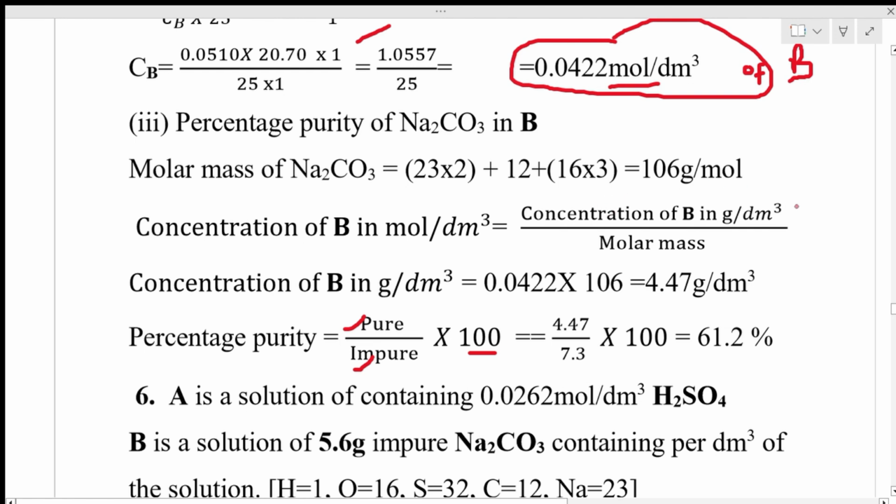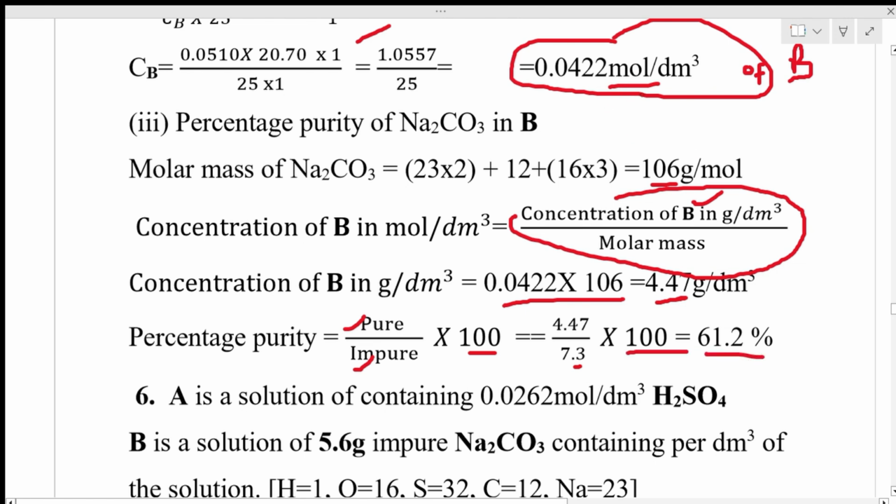You are looking for gram per dm³. Our molar mass is 106 multiplied by our value 0.0422. You can see there, you have 4.47 gram per dm³. Now, remember, your pure must not be more than your impure, or else you will not get the correct answer. You'll be getting above 100%. So 4.47 divided by 7.3, multiplied by 100, gives you 61.2.